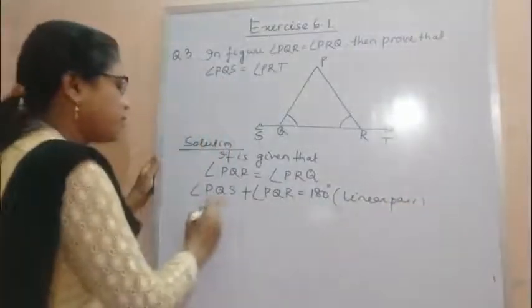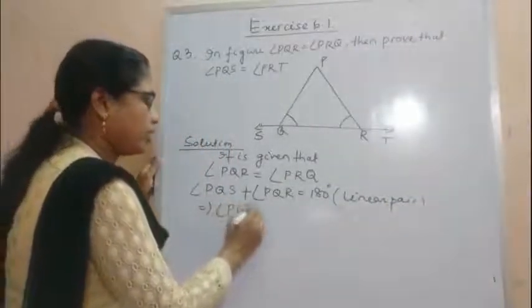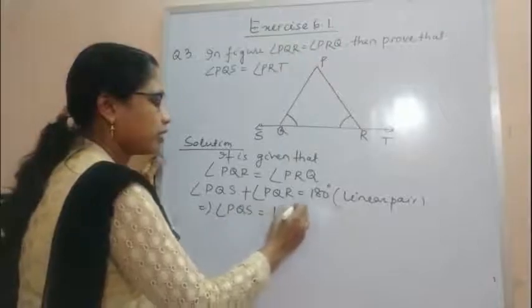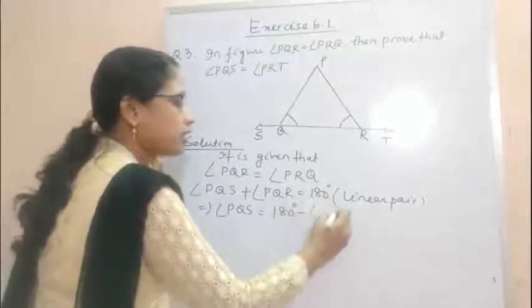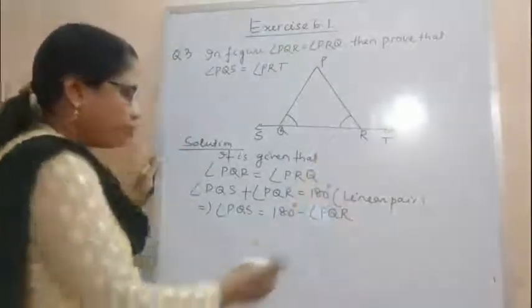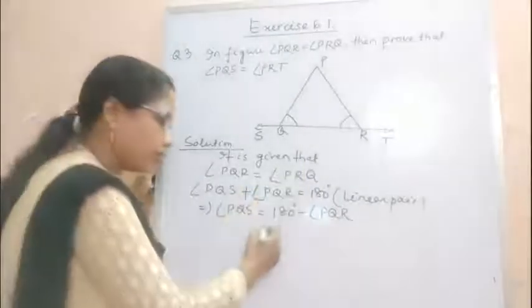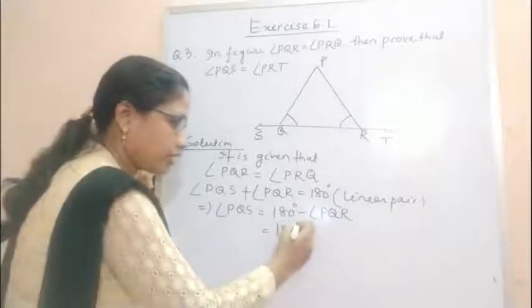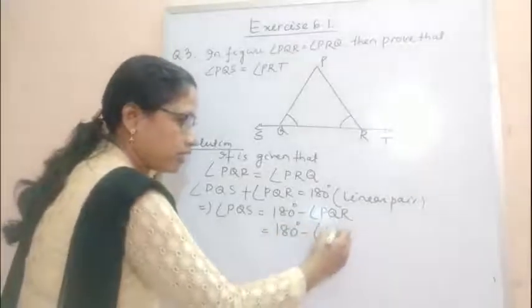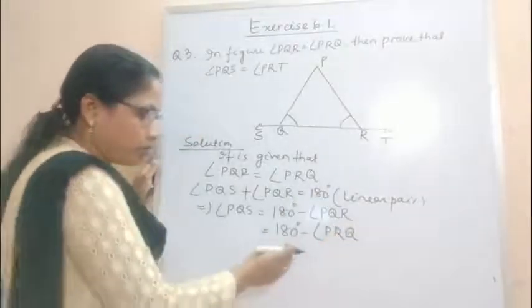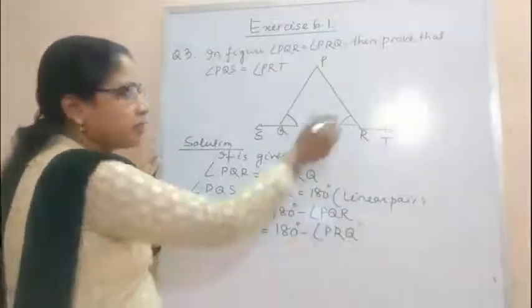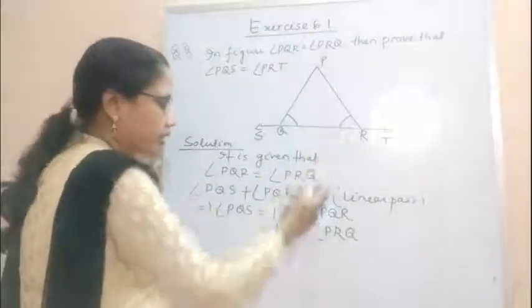So this implies angle PQS is equal to 180 degree minus angle PQR. But angle PQR is equal to angle PRQ. So this is equal to 180 degree minus angle PRQ. But 180 degree minus PRQ is equal to angle PRT.